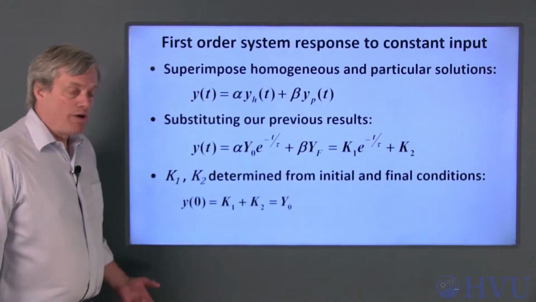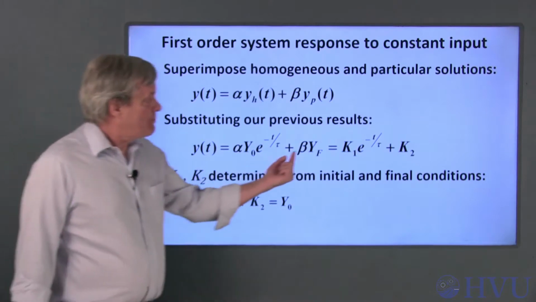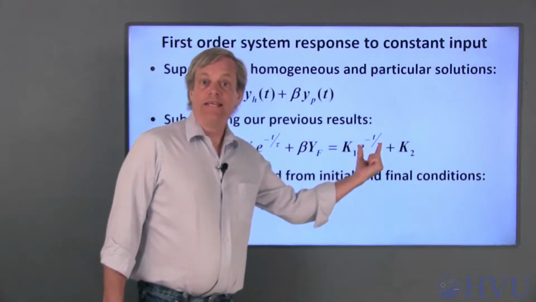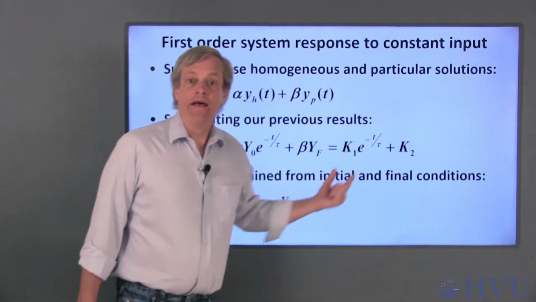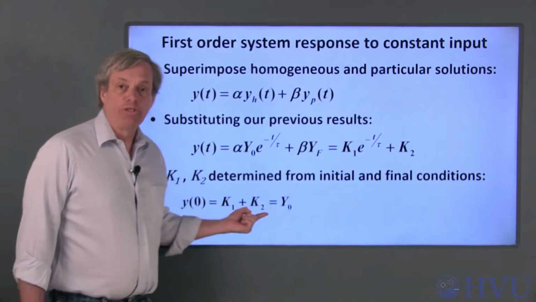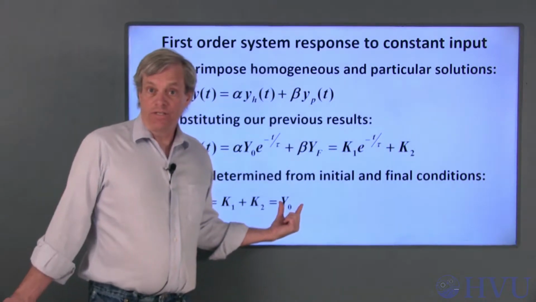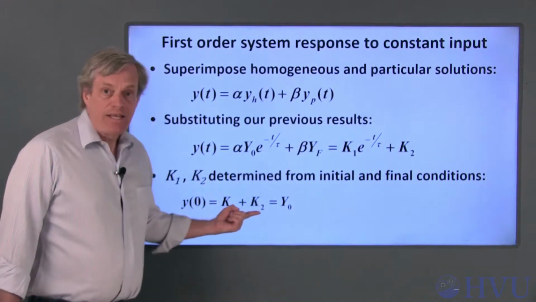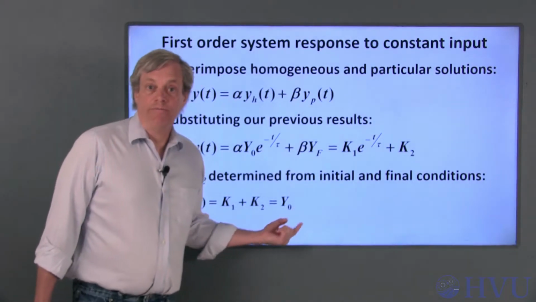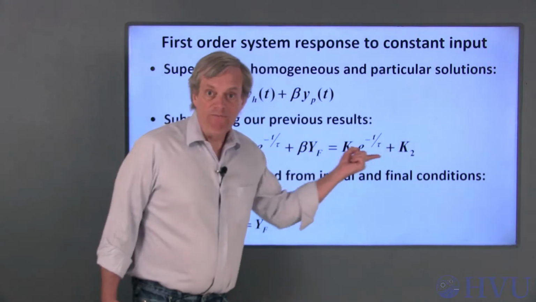If I evaluate the equation for y of t at time t equals 0, the exponent becomes 0, and e to the 0th power is 1. That means the value of y at time t equals 0 is equal to k1 plus k2. Since y sub 0 is the initial condition, that means that k1 plus k2 is equal to y sub 0. Next, I evaluate this expression as time goes to infinity.